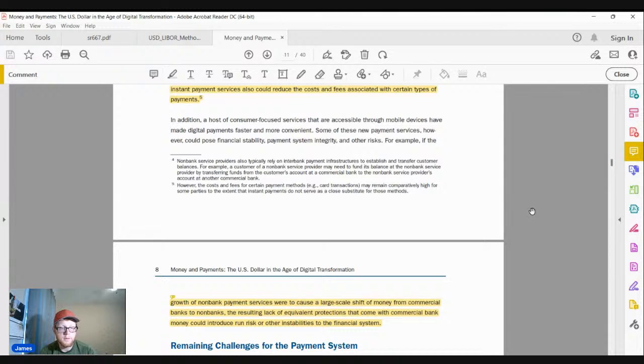And so if non-bank payment services were to cause a large-scale shift of money from commercial banks to non-banks, basically if a significant amount of dollars in the commercial banking system, say consumer deposits, which are a liability of the commercial bank, were to transfer over into non-bank money, say stablecoins or some other different currency, that would hurt the commercial bank money, because a lot of the time their deposits are used.